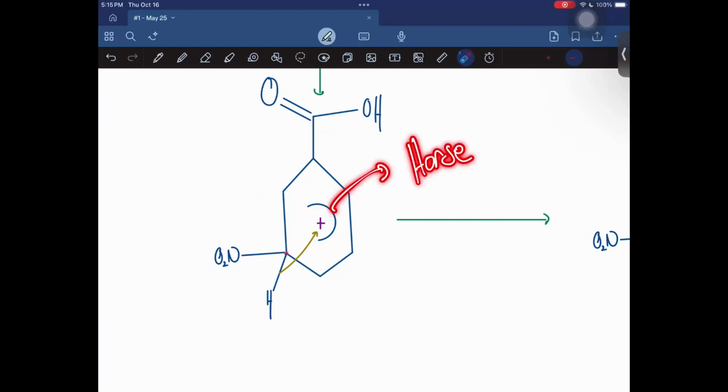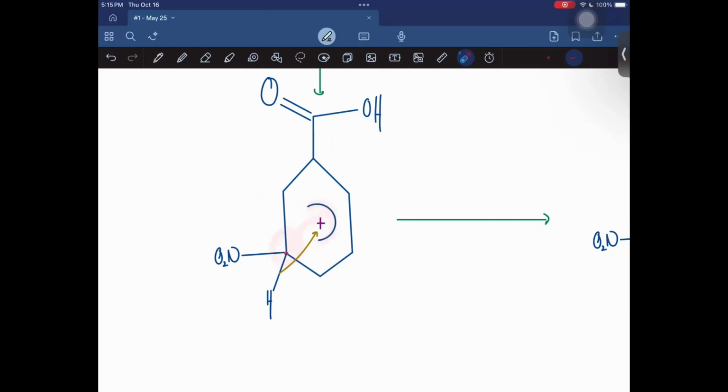This horseshoe should be pointing towards the tetrahedral carbon, where the electrophile is joining, right? The electrophile is joining over here, so this horseshoe should be pointing over here as well.